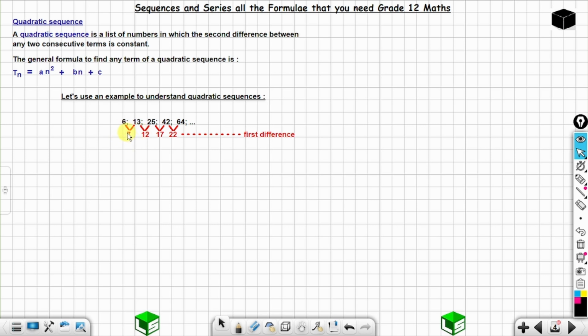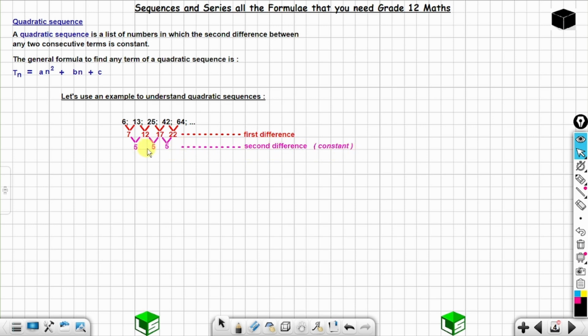So 12 minus 7, this is 5. 17 minus 12, 5. 22 minus 17, 5. So this is the second difference. You can see the second difference is constant. 5, 5, 5. This is constant.